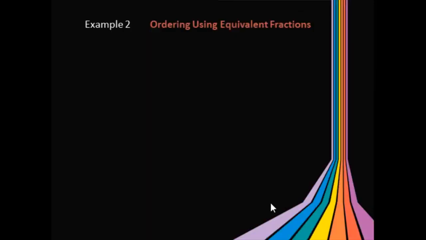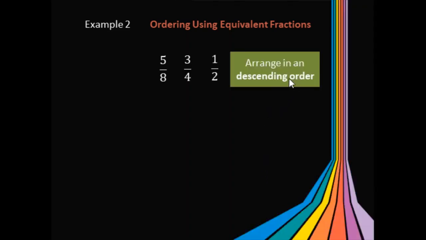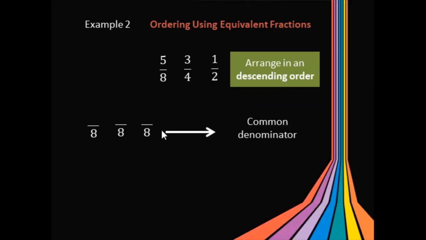How about if we order fractions in a descending order? Arrange in a descending order. We find the common denominator, which is 8. 8 divided by 8 is 1 times 5 is 5.